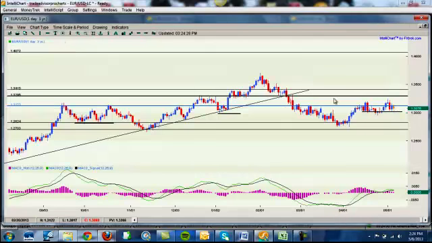What I would expect, a great entry opportunity, is if some news announcement or some selling pressure would force this pair back down to the 1.30 range, and I would say 1.3012, and I'd be taking a buy position here and waiting for this trend to continue, shooting back up.